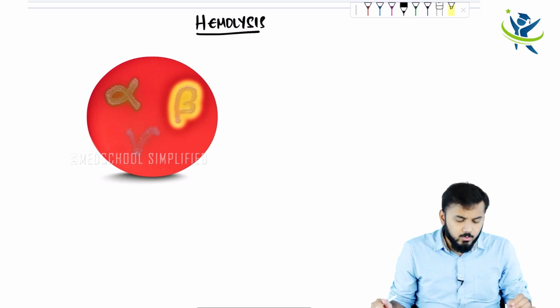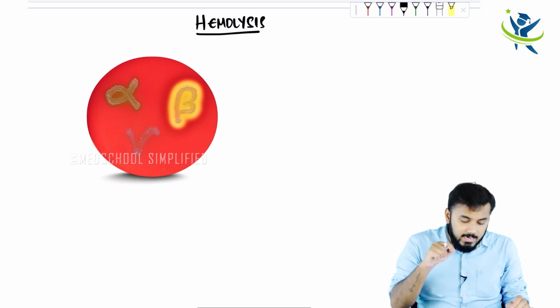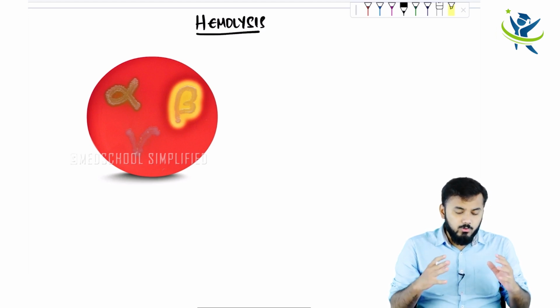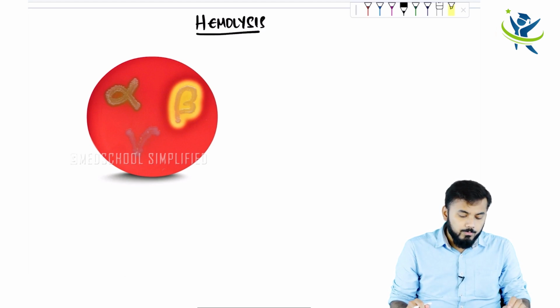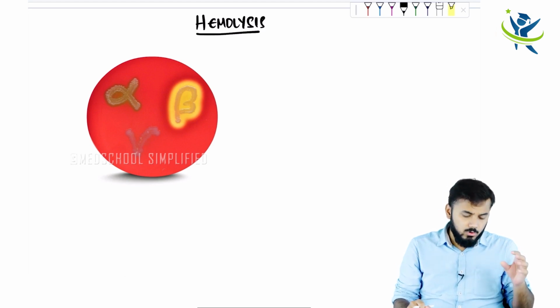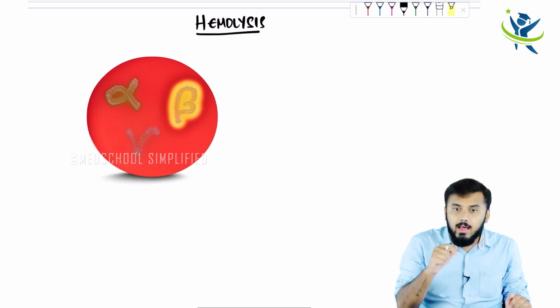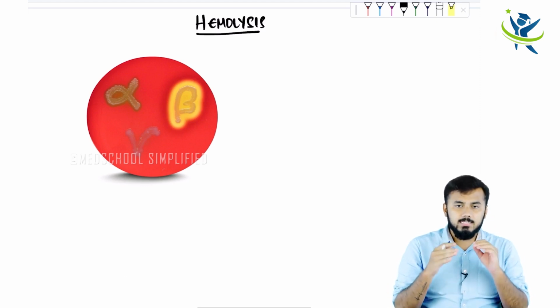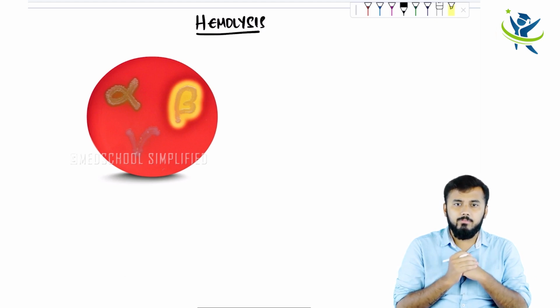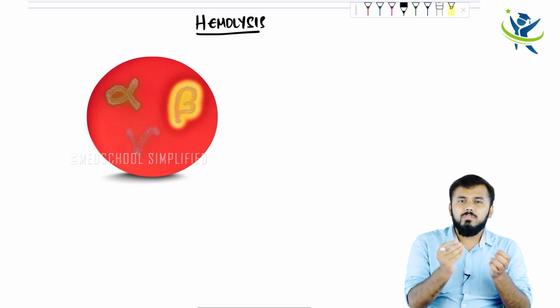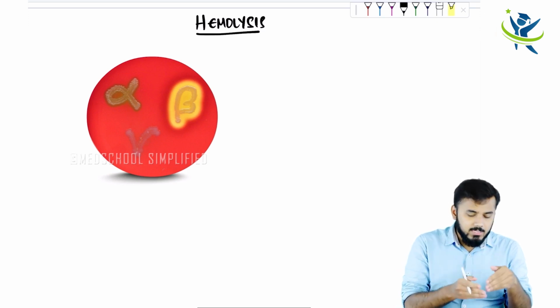In the same way, when you go to alpha hemolysis, surrounding the alpha, look, is there any zone of vibrance or brightness over there? No. There is only a little bit of brightness, I can call it a zone of paleness, because surrounding alpha, let us say there are 100 RBC. Out of 100, this alpha hemolytic bacteria could lyse only 50 RBC, and the other 50 RBC are still staying there.